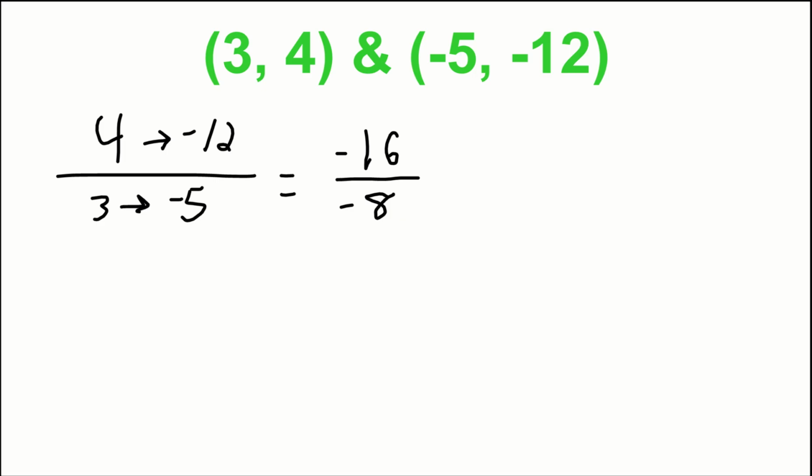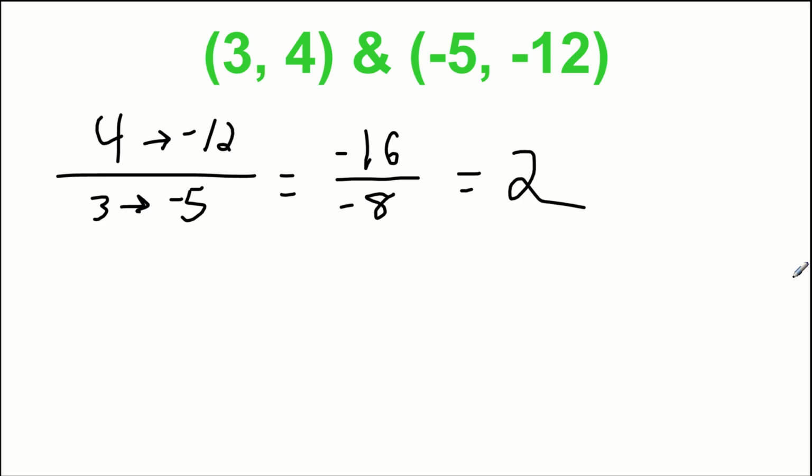It doesn't matter if it's the change in y or the change in x, if one of them is negative, the whole thing's negative, okay? If they're both negative, it's positive though, okay? So -16 divided by -8, 2 again. They're not all 2. I just happened to pick numbers that made 2 both times.